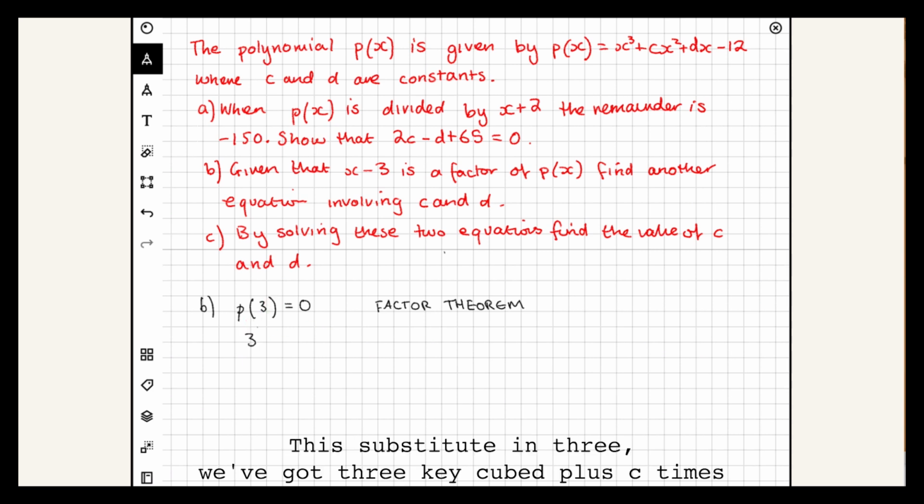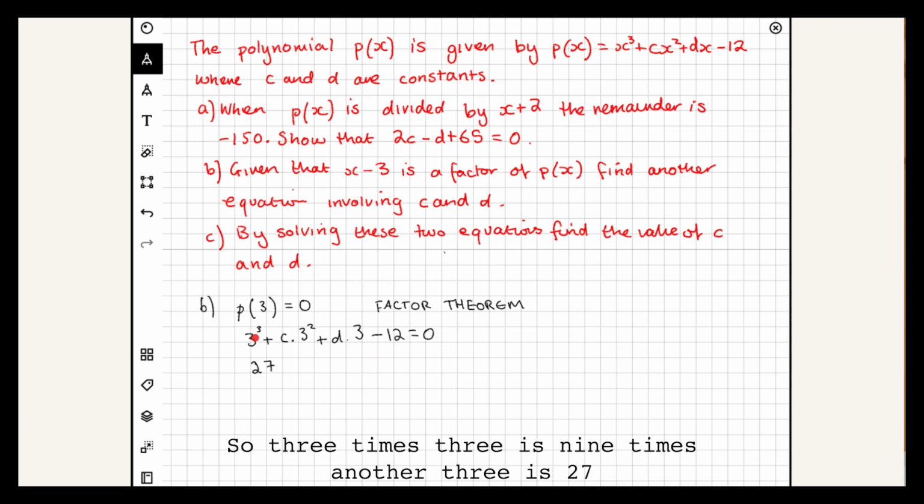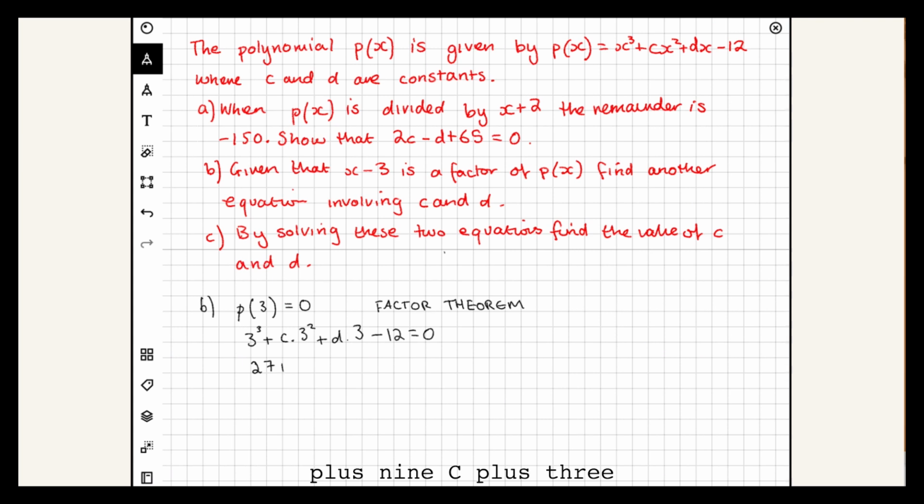We've got 3 cubed plus c times 3 squared plus d times 3 minus 12 equals 0. So that implies that 27, so 3 times 3 is 9 times another 3 is 27, plus 9c plus 3d minus 12 equals 0.